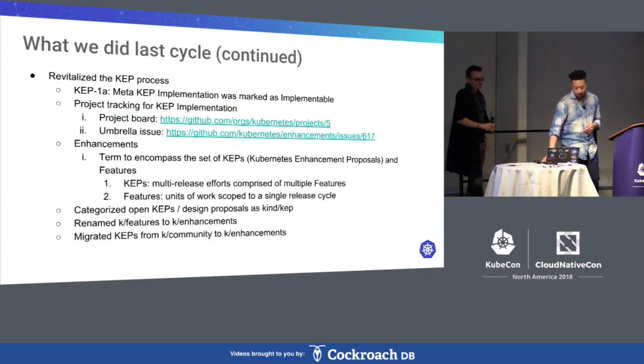So the SIG-PM survey was part of the work that we did. It's not really correct to say last cycle, but the last few cycles we've been working on the KEP process. For people who are not familiar with what a KEP is, a Kubernetes Enhancement Proposal, it's a means by which you can suggest changes to the project, whether they be program management focused, or API changes, or changes around cloud providers, and so on.